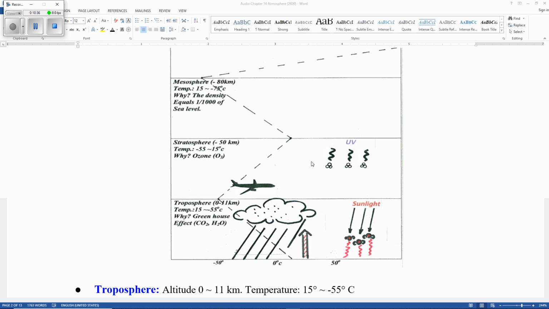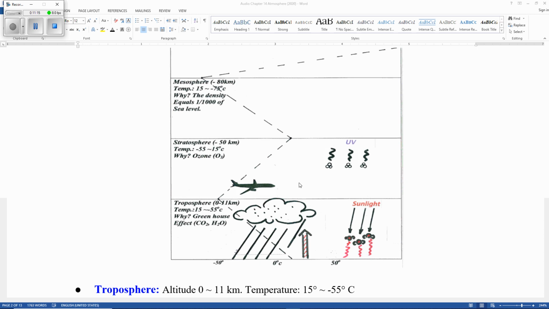This ozone is a very small amount, okay, but it is very powerful because the ozone molecules can trap, absorb the ultraviolet radiation from the sun. The sun's solar energy is not only visible light, also ultraviolet. And this energy is trapped by the ozone molecules. So that's why the temperature increases.